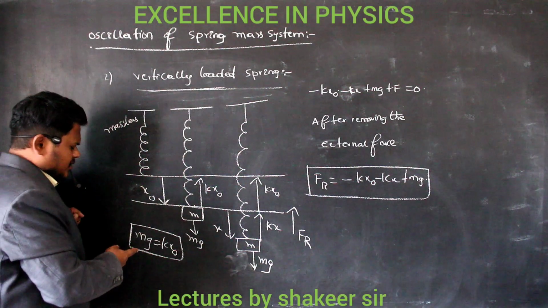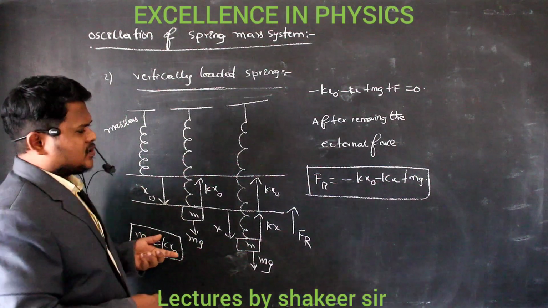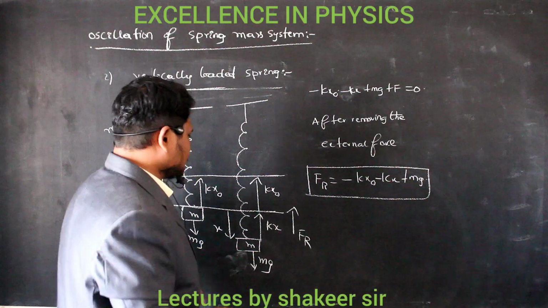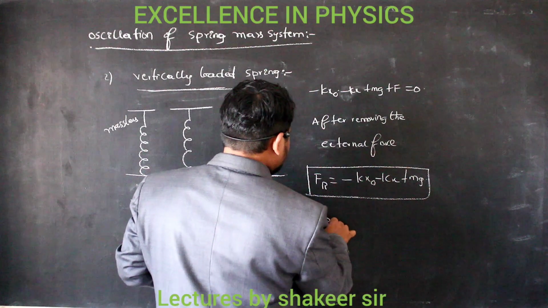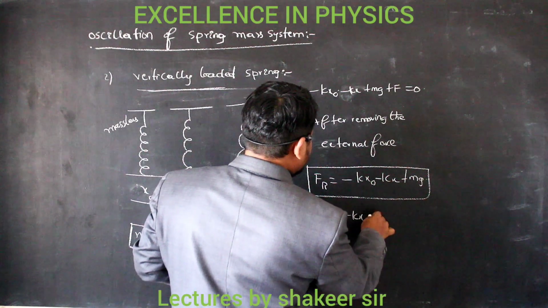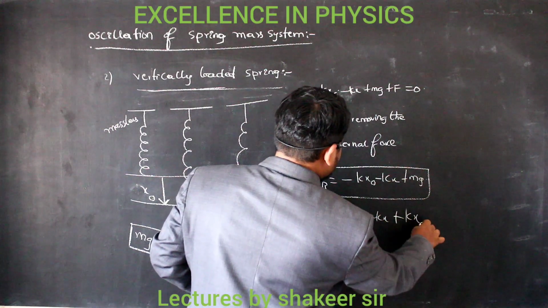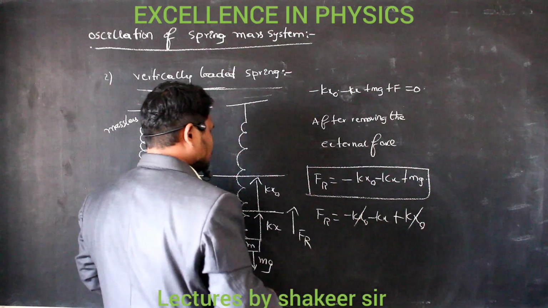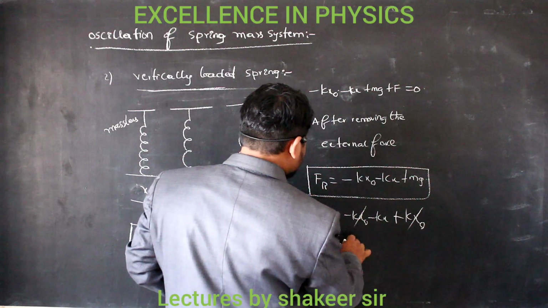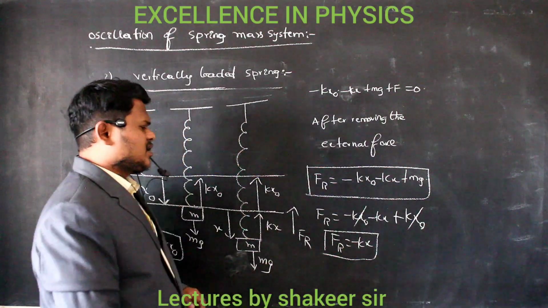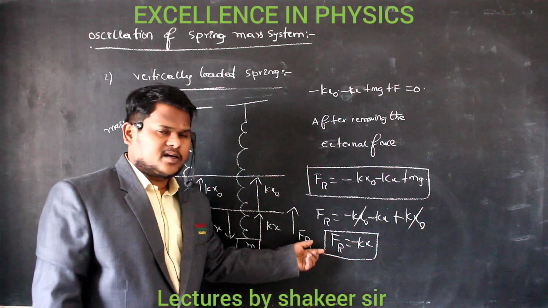Now here already we have written that mg is equal to kx naught. So instead of this mg, I can write kx naught. So the restoring force will be minus kx naught minus kx plus kx naught. So this kx naught and minus kx naught get cancelled. So the restoring force is equal to minus kx. So this becomes the net restoring force in this condition.